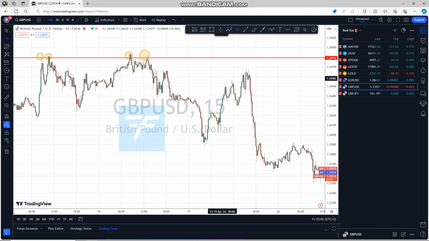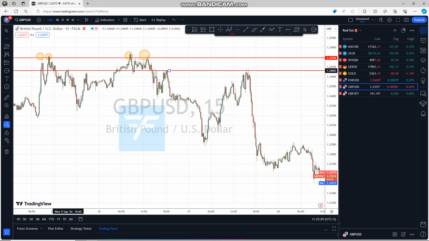And the other one, if you check, is this one here, around this area. This is your resistance. It bounced off here, around here, around here, then even around here.